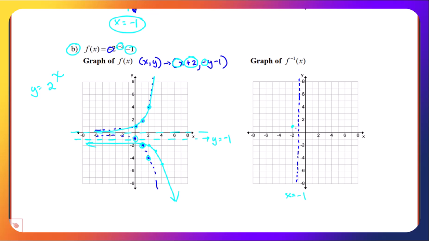Negative 2, 1. And this point is 2, negative 4. So the inverse is negative 4, 2. And then if I draw that graph, it will look something like that, the inverse function.